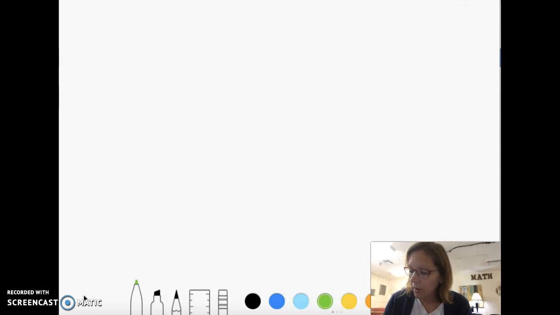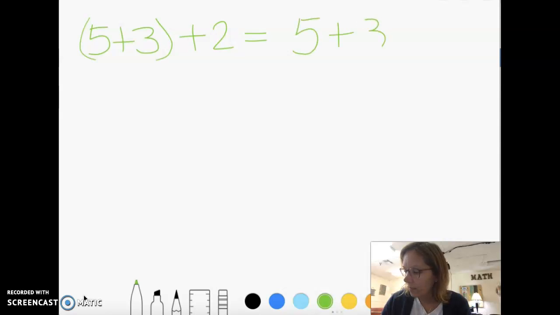So for example, I could have (5 plus 3) plus 2, and that's the same as 5 plus (3 plus 2). It doesn't matter that I move the parentheses, I'm still going to get the same answer. Also, I could do it with multiplication.